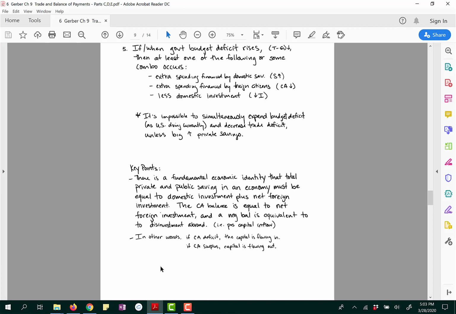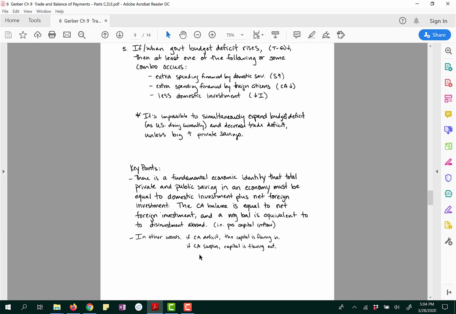In other words, a negative imbalance is equivalent to positive investment from foreigners. And foreigners are investing more in the domestic economy than domestic citizens and residents are investing in foreign economies if you have a negative current account.